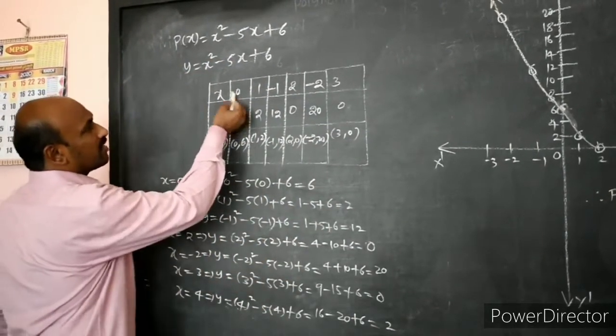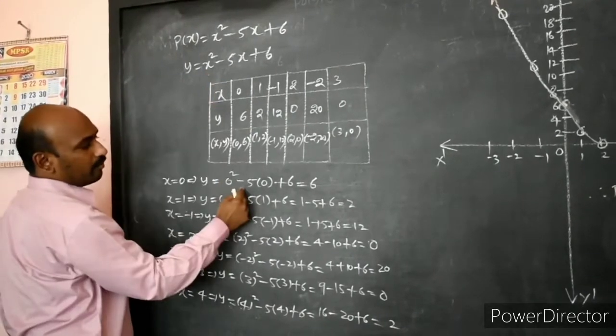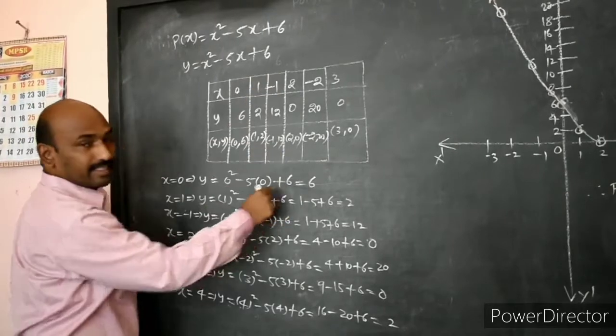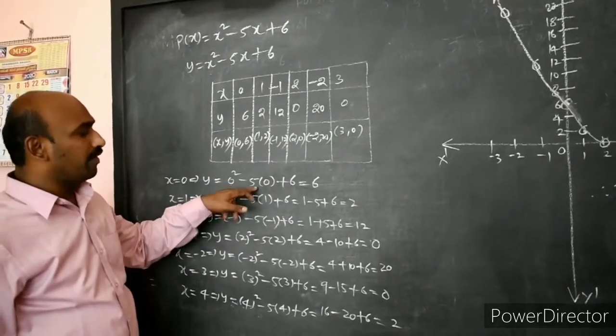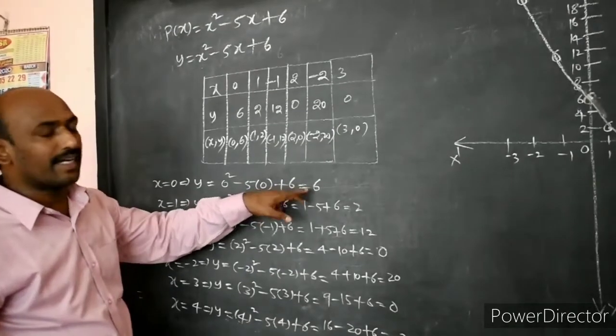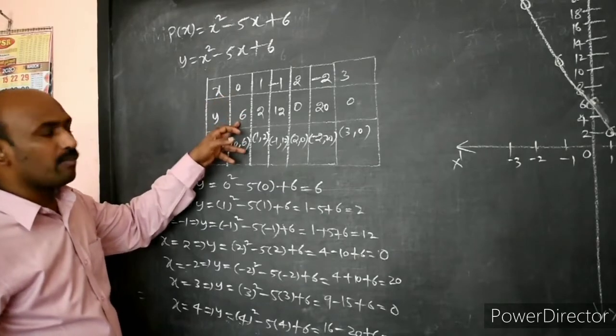If you take x value as 0, in the place of x replace 0 here, you will get 0 square minus 5 into 0 plus 6. 0 square is 0, 5 into 0 is 0, plus 6, you will get the answer 6. So here x value is 0, then y value becomes 6.